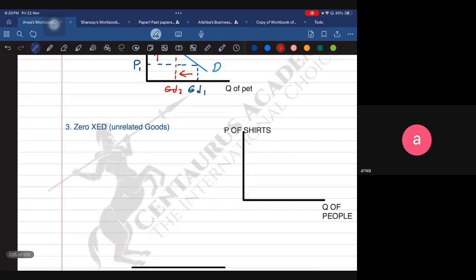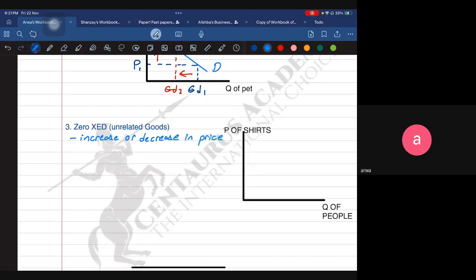So zero XED, unrelated goods. It's basically like if the price of one good is going to increase, the quantity demanded of the other good is going to stay the same because they're unrelated. They're not in the same market and in the same industry. So there's not going to be any effect basically.